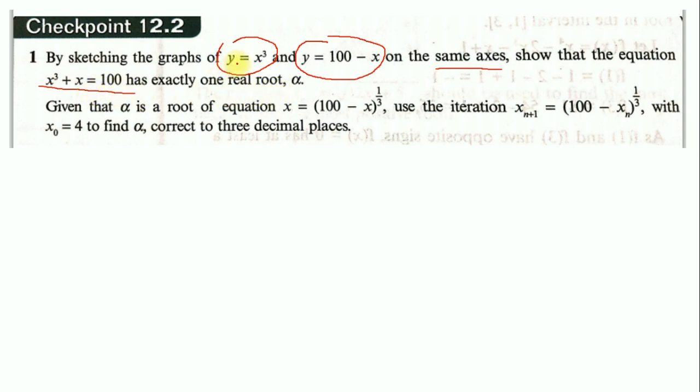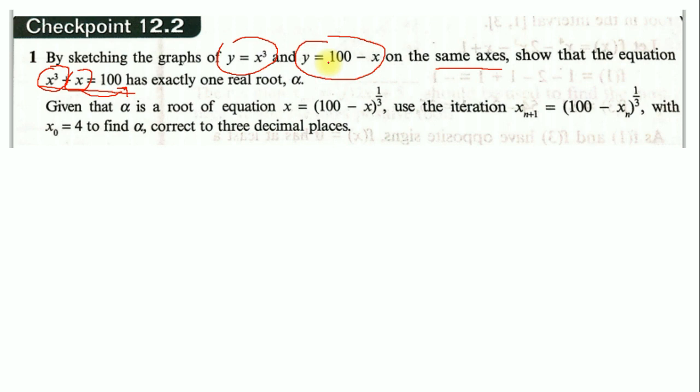You can see that this is actually the graphical method, right? This part is x power 3, and here 100 minus x is the other graph.